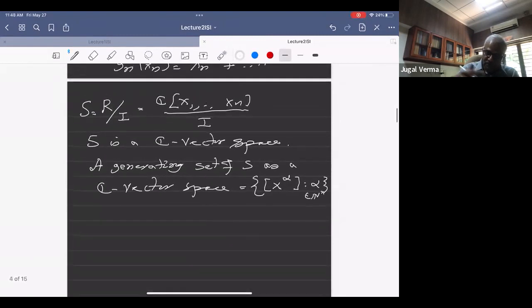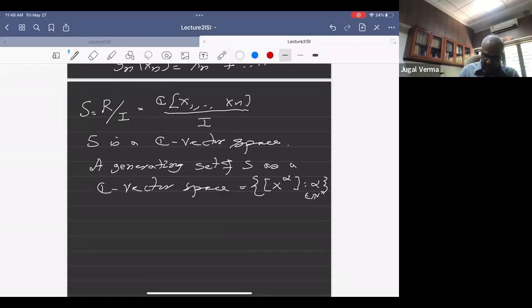All monomials form a vector space basis of the polynomial ring, but this is a quotient of two vector spaces. So when I take the residue class of monomials, they certainly form a generating set, but these need not be linearly independent.